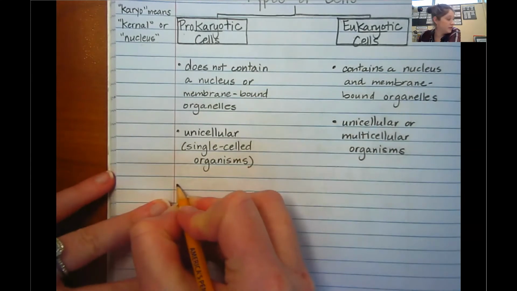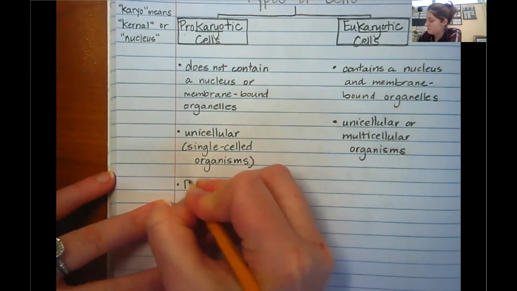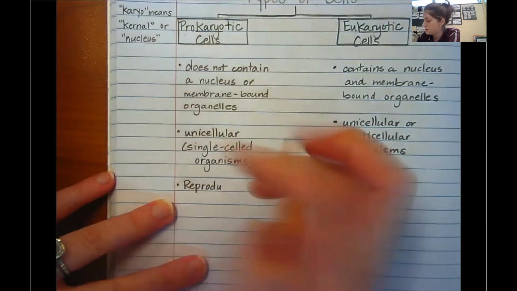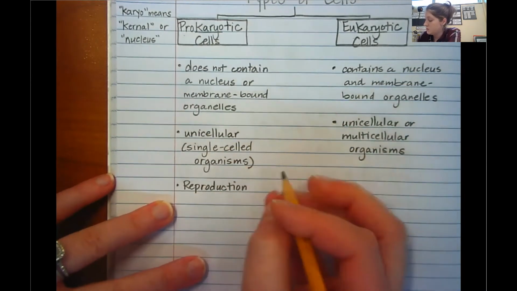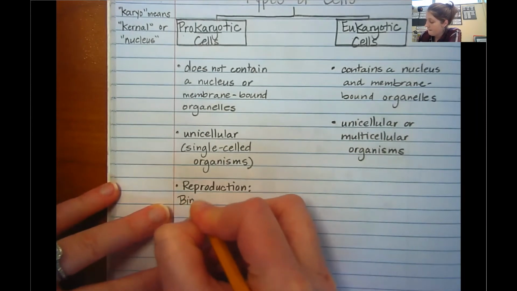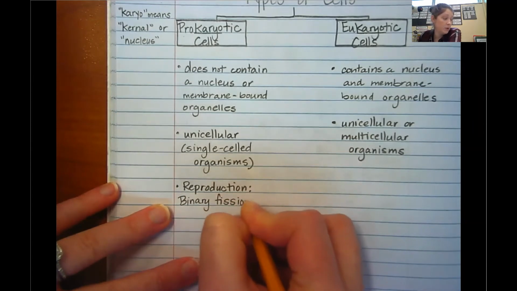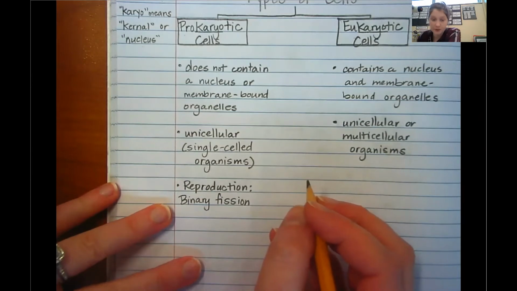We're also going to note the primary type of reproduction, so how these prokaryotes reproduce, is through something called binary fission. It's a fancy word for one becomes two.